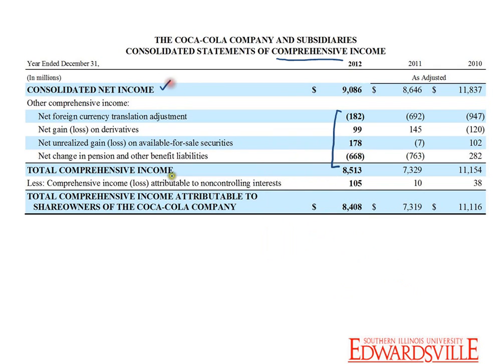So we have net income up here. We have total comprehensive income. So you would kind of think that the sum of all these things in between might be other comprehensive income. So let me total those up. Take minus 182 plus 99 plus 178 plus 668.